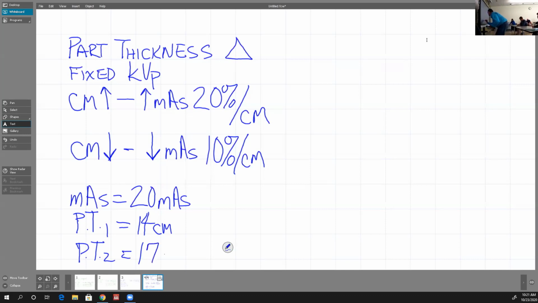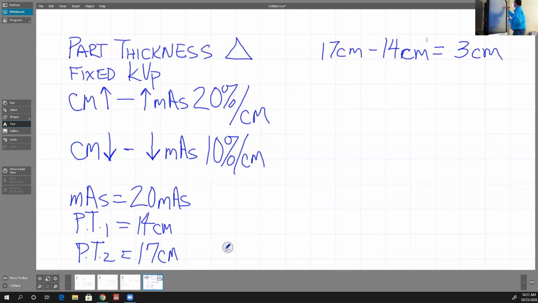So the part has swollen. I'm going to take 17 cm minus 14 cm equals 3 centimeters. And take 3 centimeters times 20% per centimeter equals 60%.